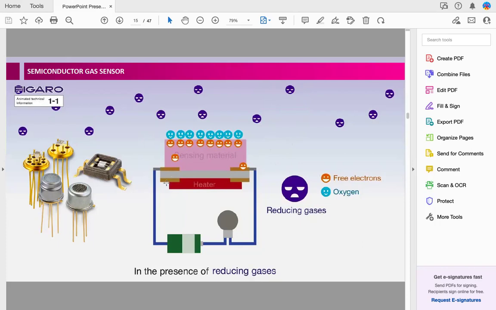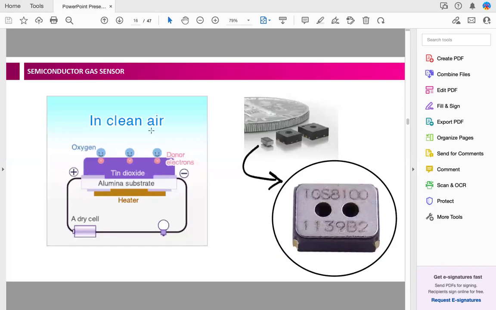The movement of electrons will be detected by these machines. This is an example of the sensing material, where we put semiconductor here. This is a semiconductor, and there are free electrons here. When you have reducing gas, it will interact with the oxygen, and there is a movement of electrons. It might give away, or in this case, if you have clean air, then you have different electrons.